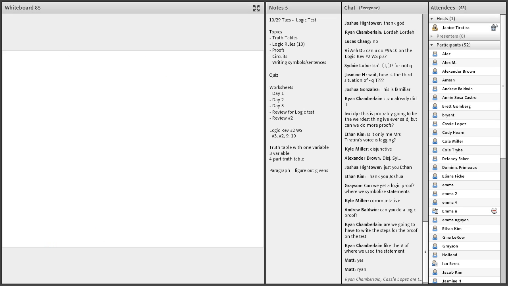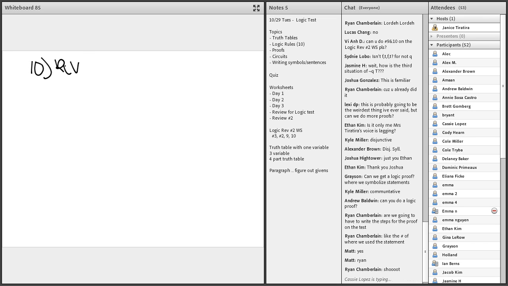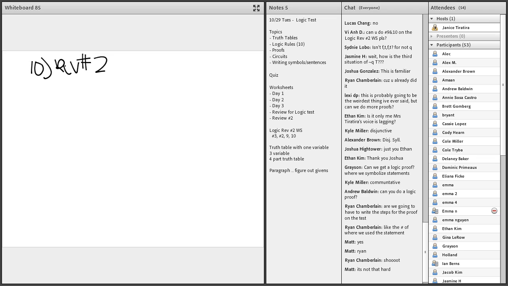All right, so let's do more proofs. Okay, we're going to do number 10 from the packet. This was review worksheet number 2. Okay, so number 10, it says either I do geometry question or I do the algebra question.